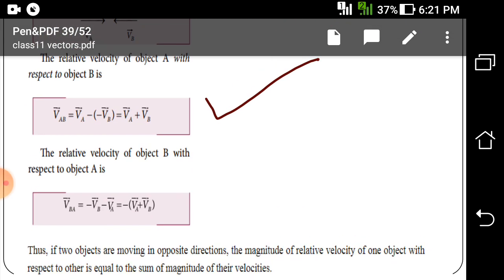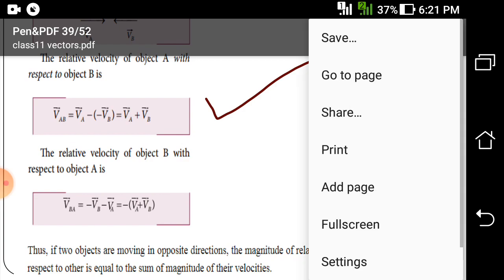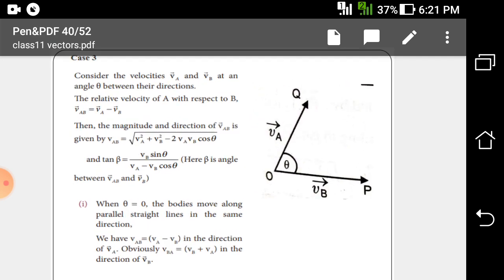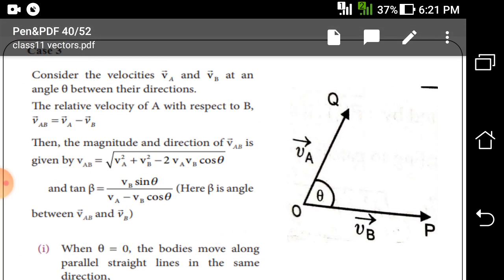So the third case, which is the main case we have to consider here, is relative velocity of the two bodies in two dimension. So here VA and VB both are inclined at an angle theta. See from the diagram. So relative velocity of A with respect to B is given as VA minus VB.